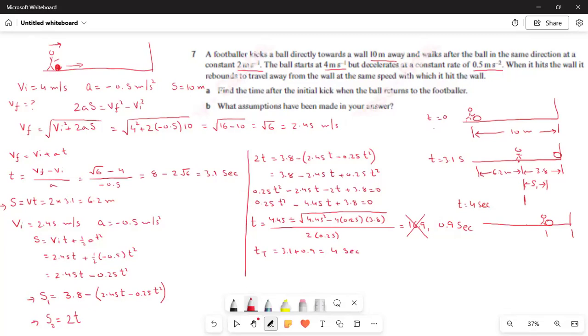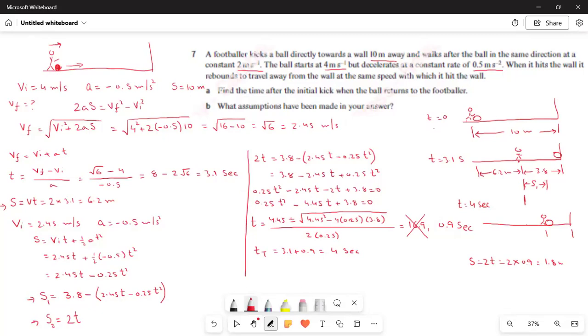Okay, now one last thing, how much distance has it traveled? This is easy. The distance traveled by the player is 2t, right? So it is 2 times 0.9. This is 1.8 meters.